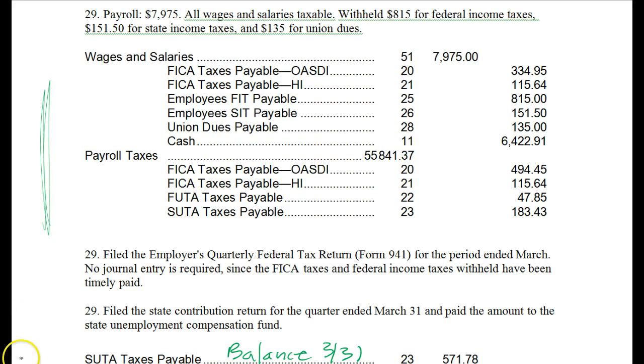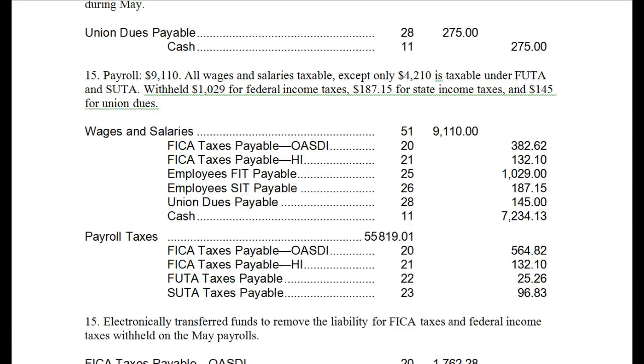So let's go to the June 15th payroll. This is June. And it says here, all wages and salaries are taxable except only 4210 is taxable under FUTA and SUTA.